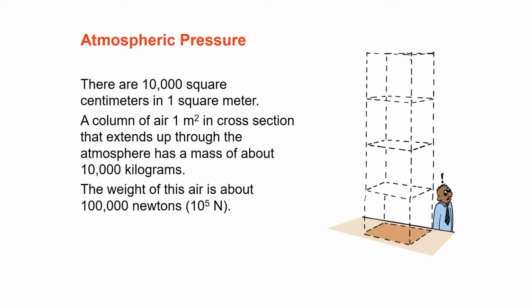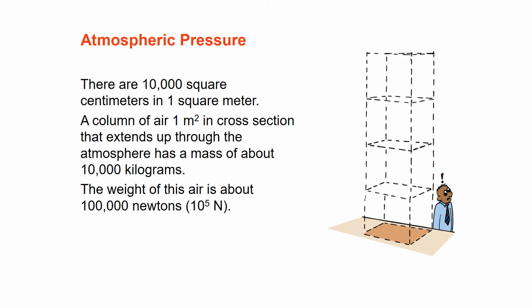There are 10,000 square centimeters in 1 square meter, as we know. So a column of air, 1 square meter in cross-section, that extends up through the atmosphere has a mass of about 10,000 kilograms.